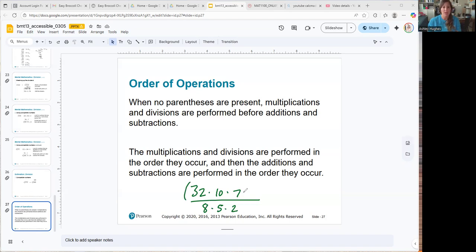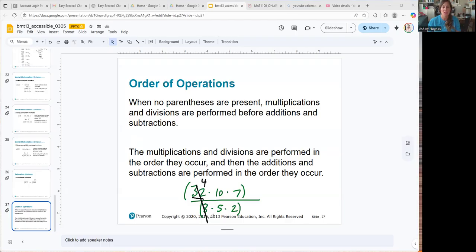Making sure that you're multiplying all of these and then divided by the product of all of these. But you can also choose to divide first and then multiply, which is what I choose to do because if I'm trying to do this mentally and not with a calculator, I'm looking for numbers or things that I can factor out. Is 32 divisible by 8? Yes. 32 divided by 8 is 4.